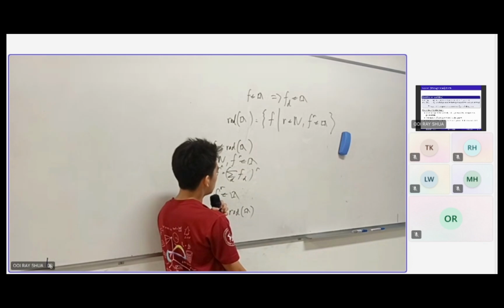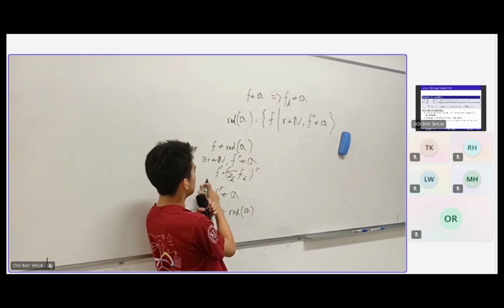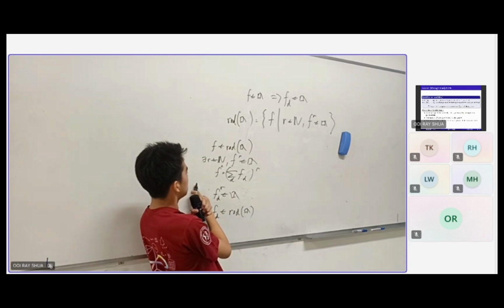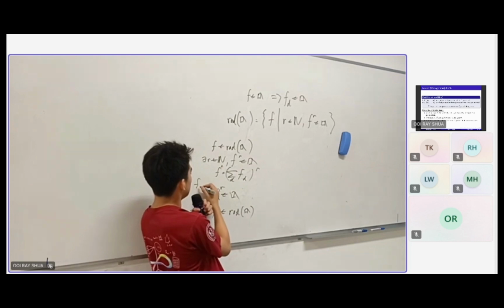So fi to the r is a homogeneous component, and by the definition of being a graded ideal, it belongs to A. And that means fi belongs to the radical of A.